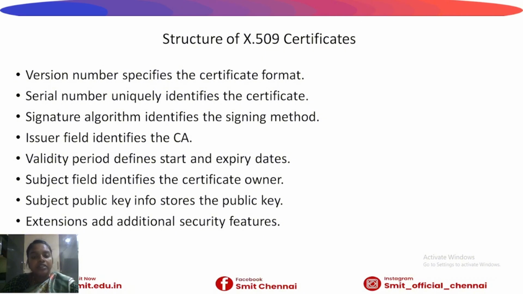Signature algorithm identifies the signing method. Issuer field identifies the CA. Validity period defines start and expiry dates. Subject field identifies the certificate owner. Subject public key info stores the public key, and extensions add additional security features. These are the formats used for the certificate.